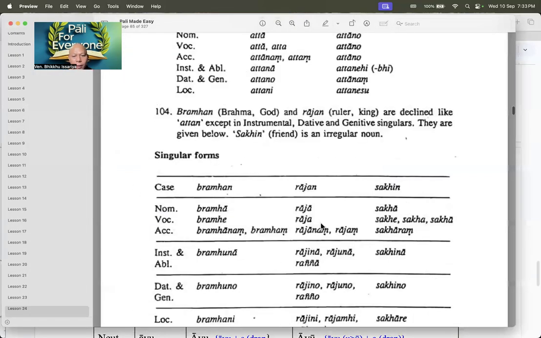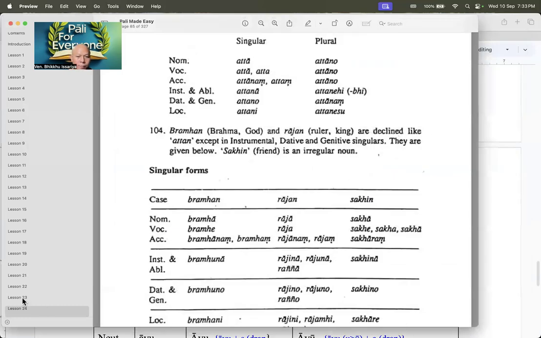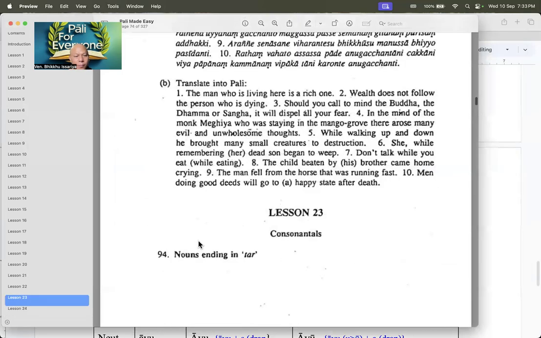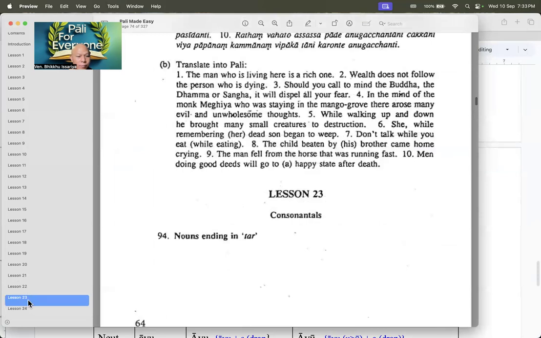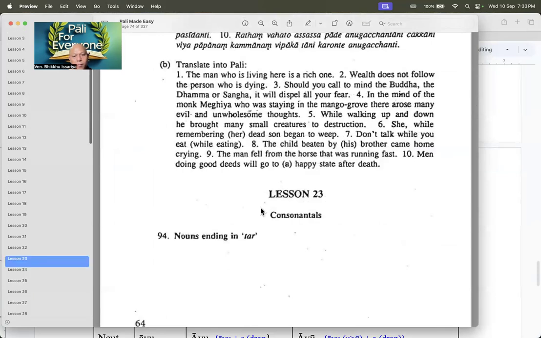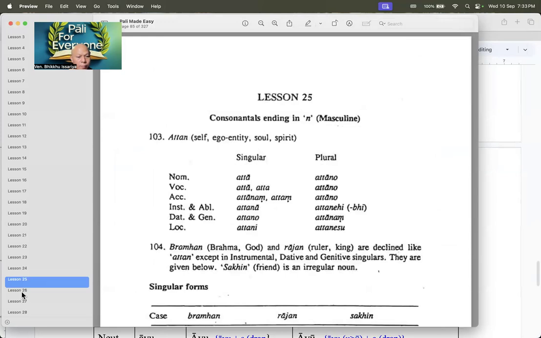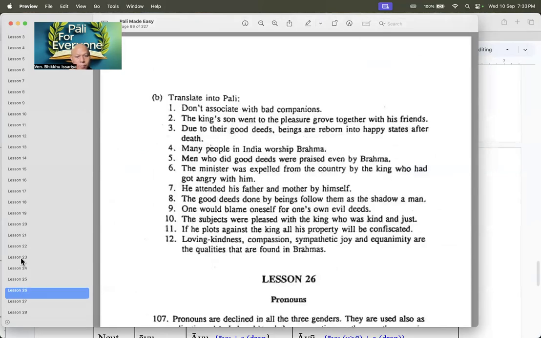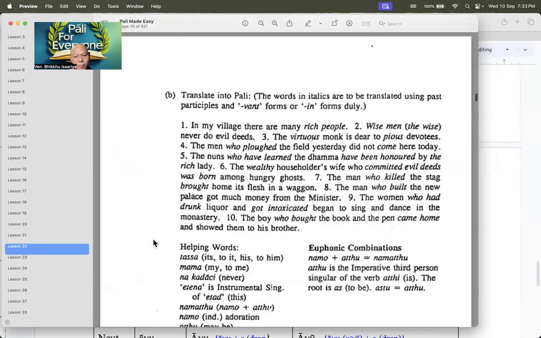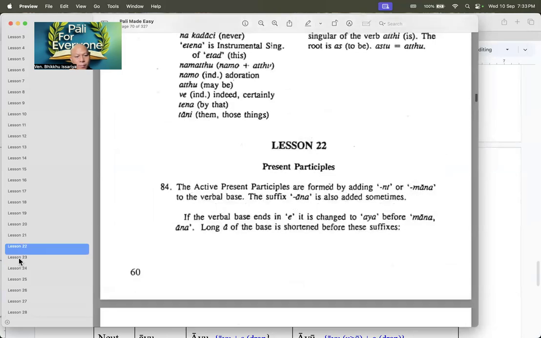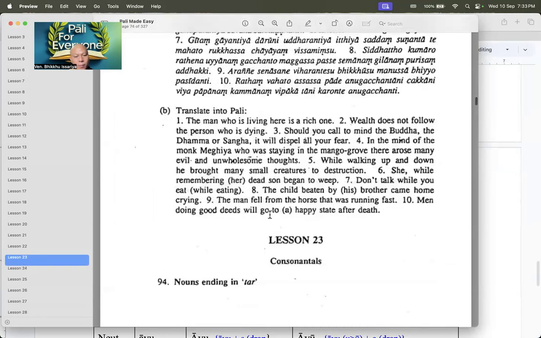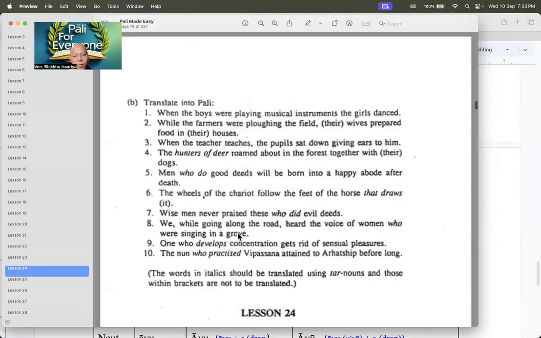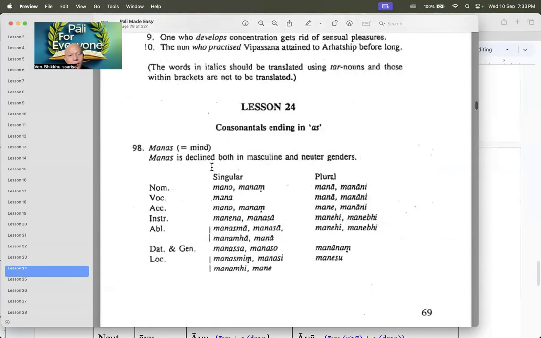So those now ending in sa. List out there.